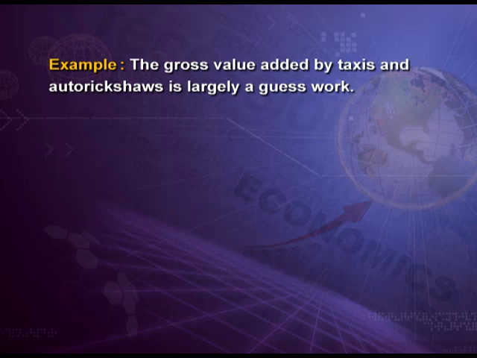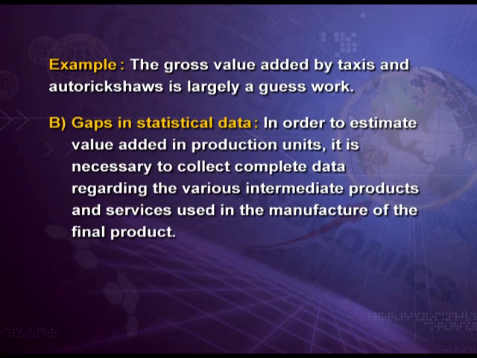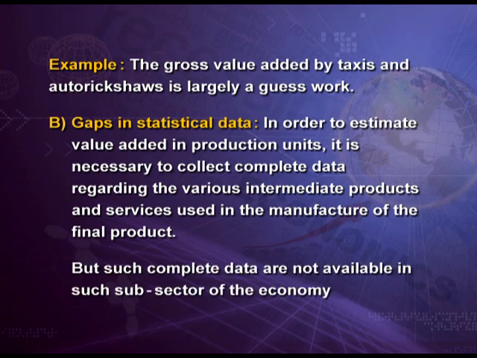The second problem under the statistical head is gaps in statistical data. In order to estimate value added in production units, it is necessary to collect complete data regarding the various intermediate products and services used in the manufacture of the final product. But such complete data are not available in such subsectors of the economy.